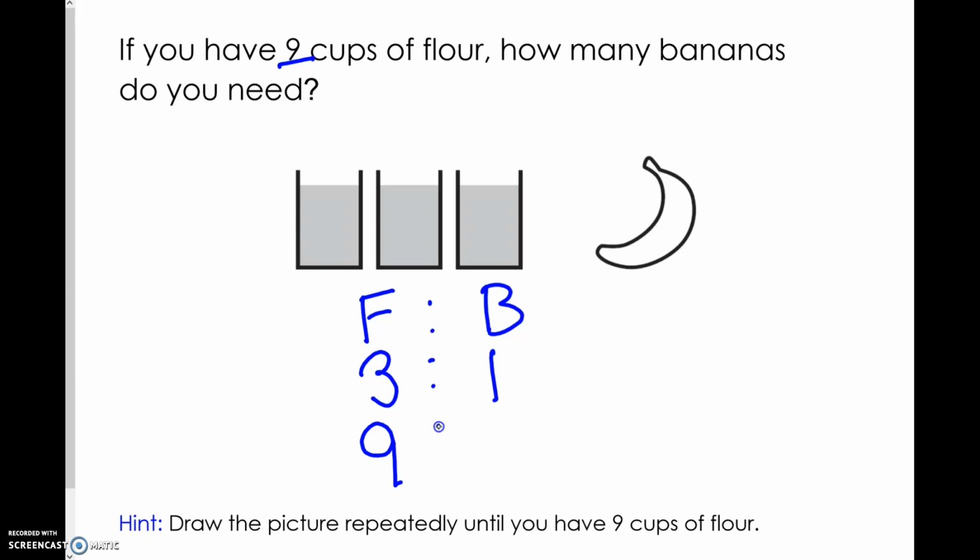Let's write a 9 here. Now think to yourself, what did you do to the 3 to get to 9? Remember, we're either multiplying or dividing. 3 times 3 is 9. Therefore, we will need 1 times 3, or 3 bananas, if we have 9 cups of flour.